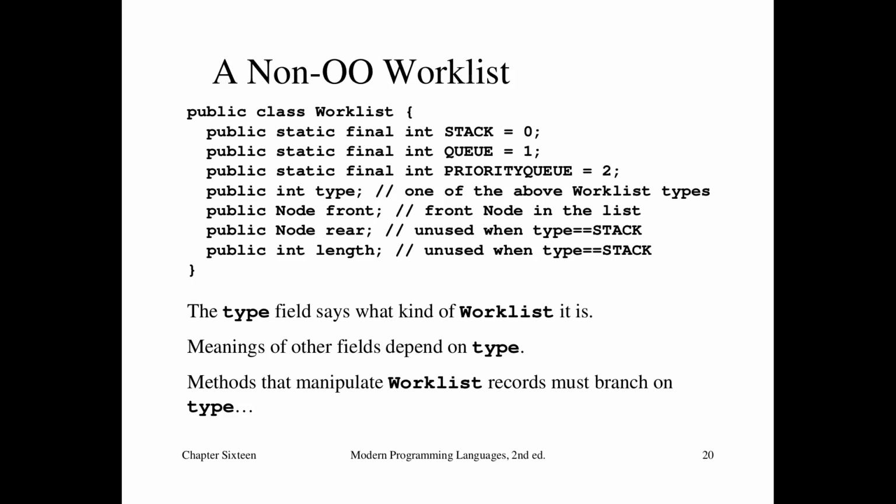So if we were to do this in work list, what we'd end up doing is we'd have to create a stack, a queue, and a priority queue constants, which are then used in this variable type, right? And essentially, type then tells us, and furthermore, we would have extra fields, right, that are specific to each one of those given types.